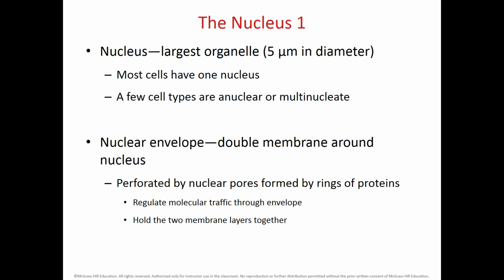And some cells might have more than one nucleus, and these are multinucleate cells, like in the case of the skeletal muscle cells. Now the membrane of the nucleus is the nuclear envelope. It's a double membrane that surrounds the nucleus, and it has nuclear pores, which are little doors that allow the import and export of molecules.